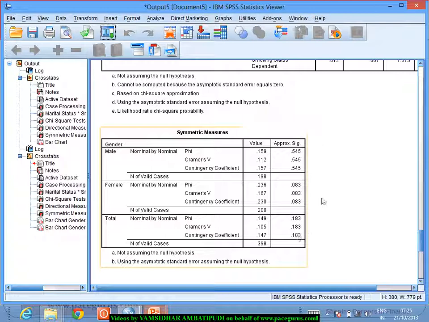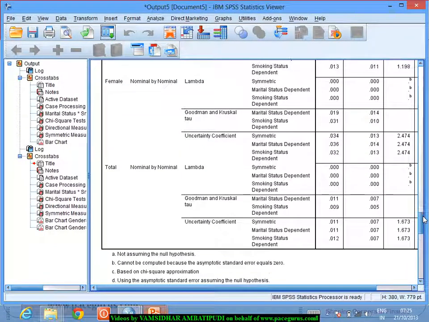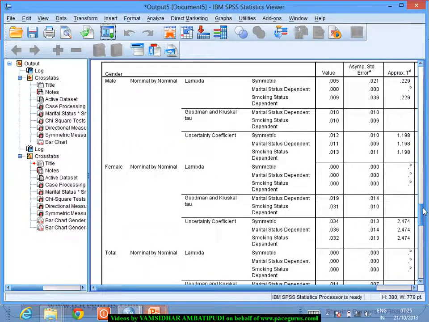Again, in symmetric measures also I am seeing that these values are greater than 0.05. So I don't need to bother about these values, and I can very well say that these values are merely because of chance, but it's not a very strong relationship existing between the marital status and smoking status, even if I split the data separately for each gender.